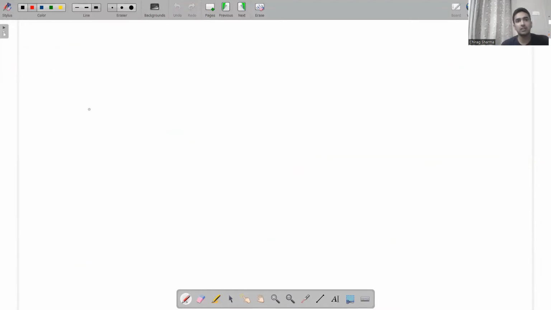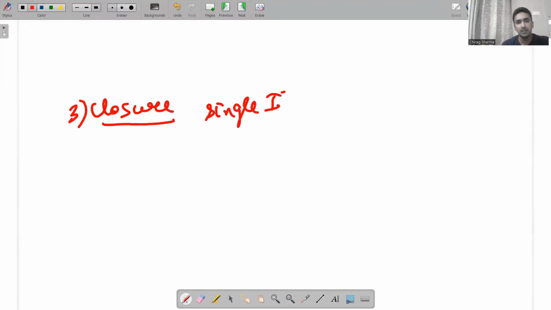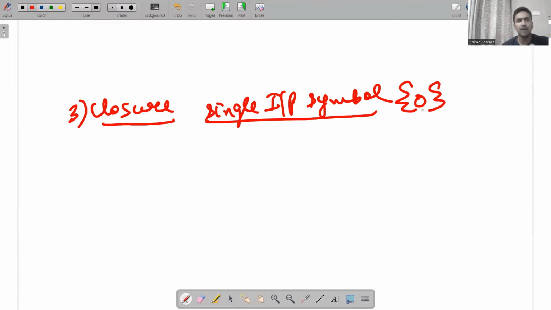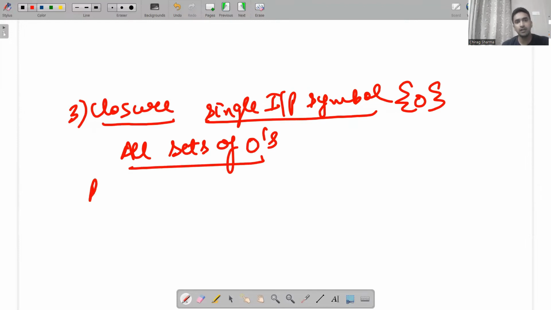Now we have the third one, which is known as closure. Closure means any number of zeros and any number of ones. So I have told you various scenarios. If I have to take only single input symbol and I'm taking only 0, and I want to create an automata that accepts all sets of zeros, what will be the regular set?